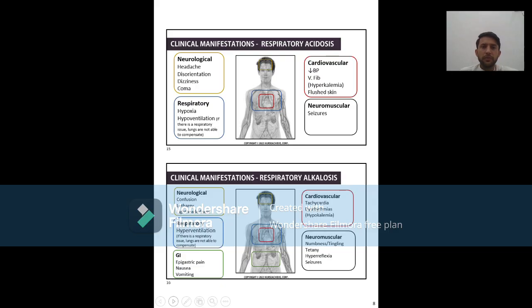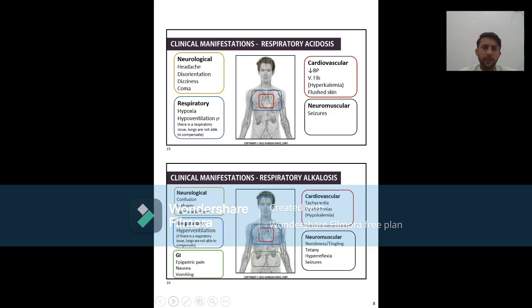The clinical manifestations of respiratory alkalosis: neurological confusion, which is common in both respiratory acidosis and respiratory alkalosis. Lethargy is also common, and light-headedness. In the respiratory condition, hyperventilation is common, and the lungs are unable to compensate.